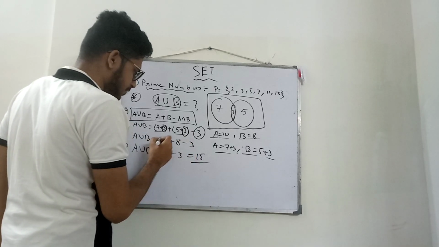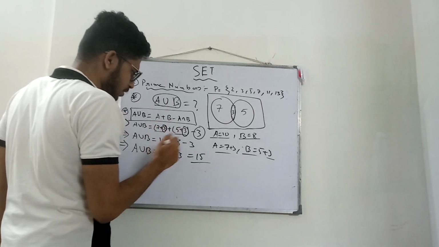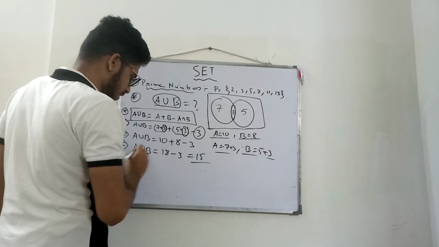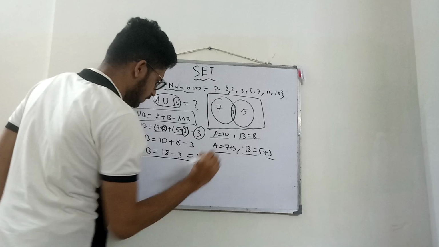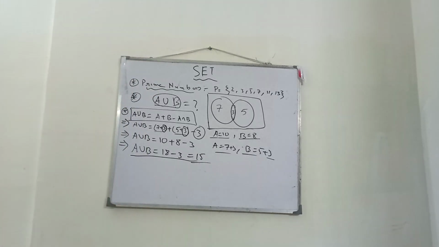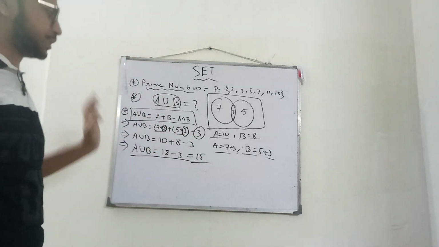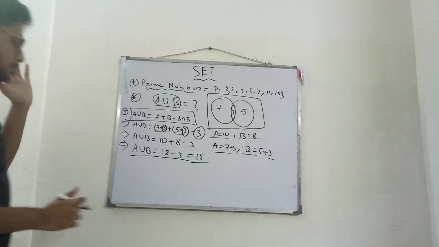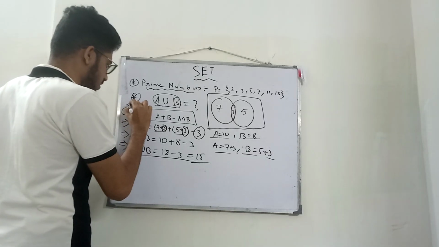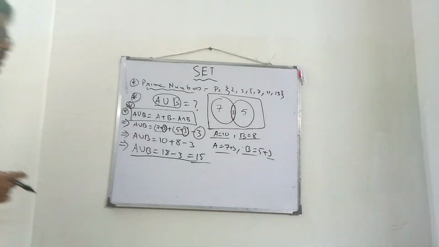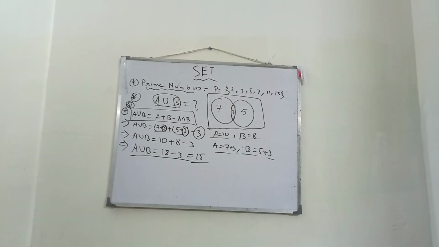We're subtracting it from the A plus B whole value, and the answer is coming A union B is equal to 15. So this is how you can solve this type of basic question through this formula. Note it down, this formula is very important. Pause the video, note it down, then we will move to the next part.